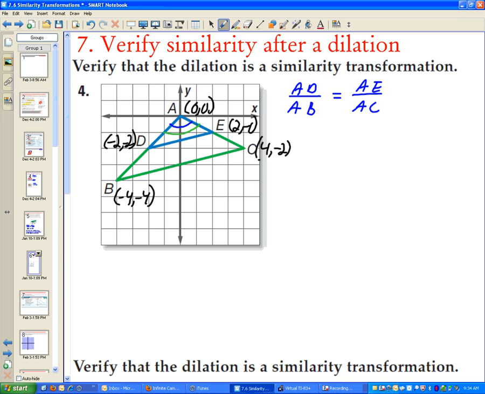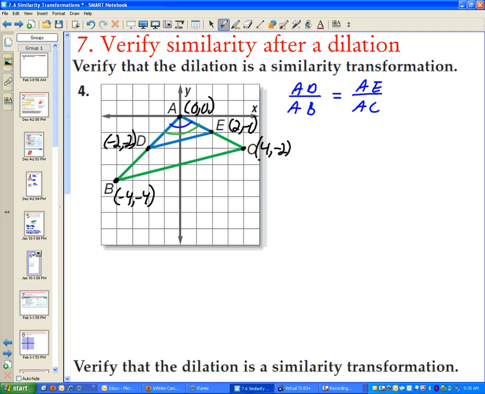Can you tell when I've labeled those vertices? Since you're starting at 0, 0, wouldn't -4, -4 be twice as far away as -2, -2? And wouldn't 4, -2 be twice as far away as 2, -1? Yeah. So it's gonna work out.